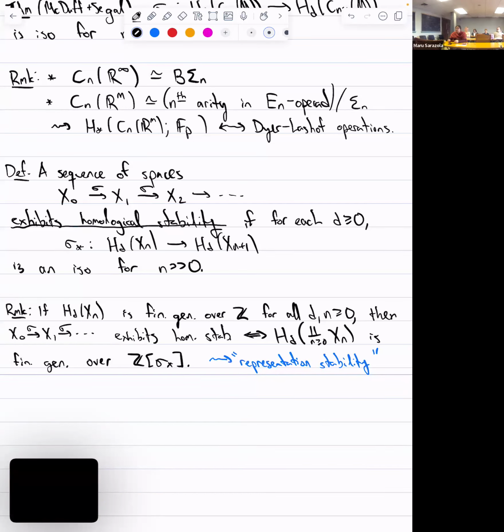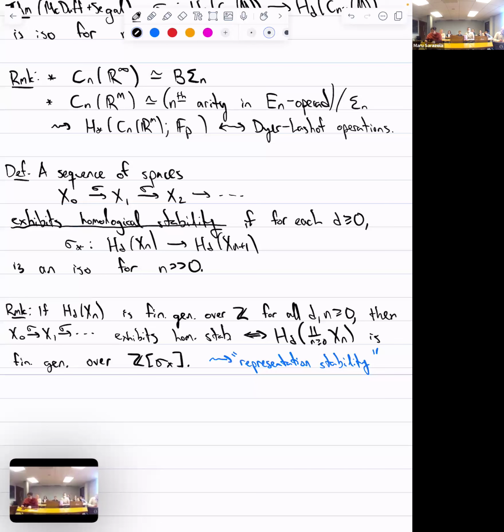I just had a comment about your last remark. I guess sort of tautologically, this is really more that the homology is a finitely presented module over that ring. Right, because for finite generation, the maps are eventually surjective. Finite presentation would be that they're eventually isomorphisms.